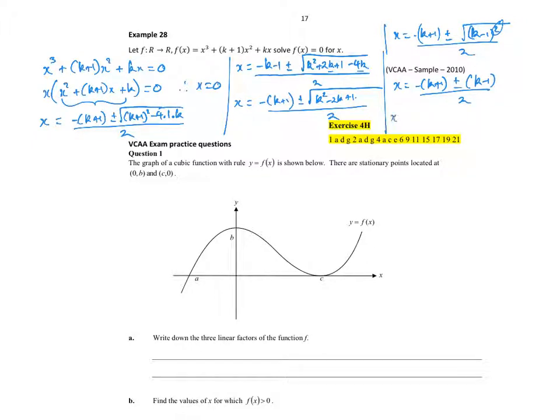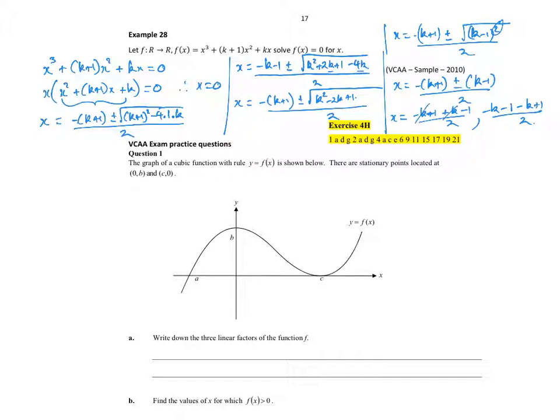So if we like, let's expand it, negative k plus 1 plus k minus 1 over 2, or negative k plus 1 minus k minus 1 over 2. So what does that give me?